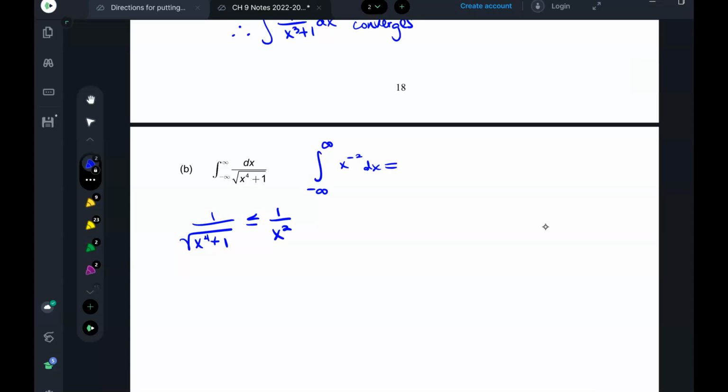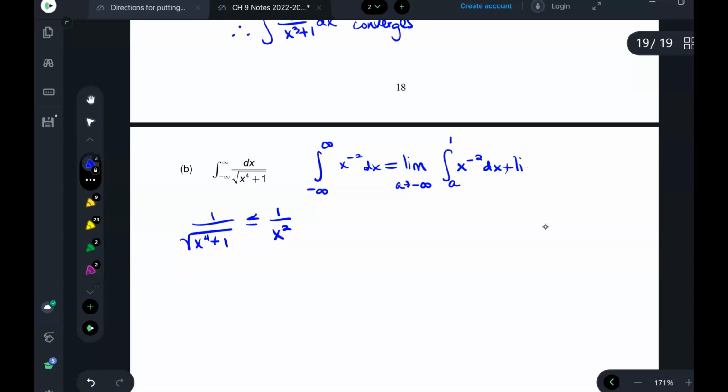Well, we're going to have to break it up into a to 1 of x to the negative 2 dx and 1 to b.